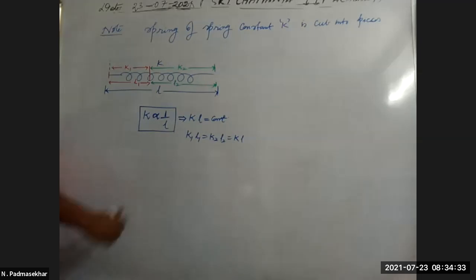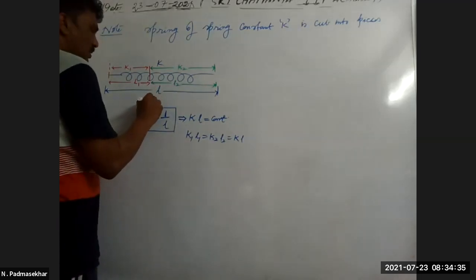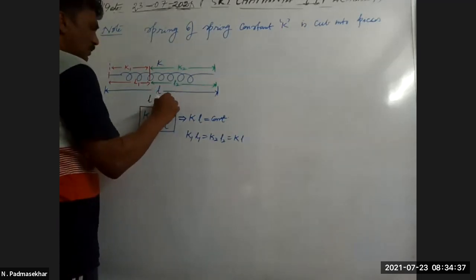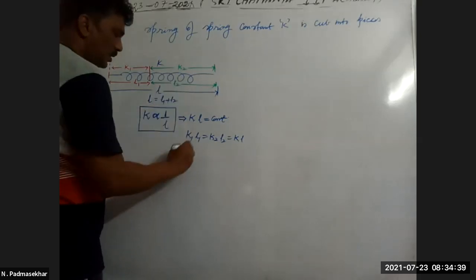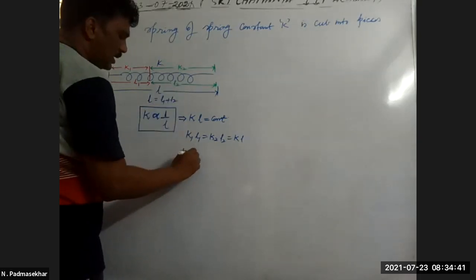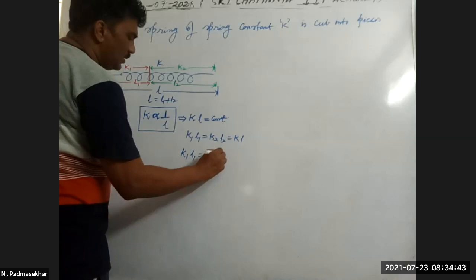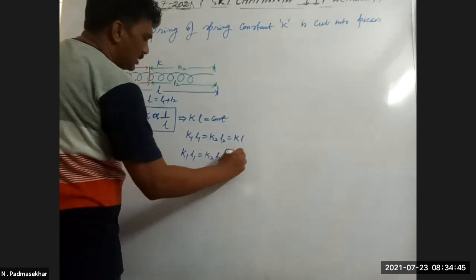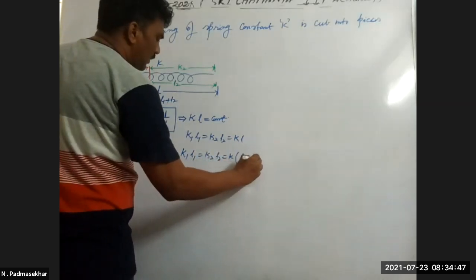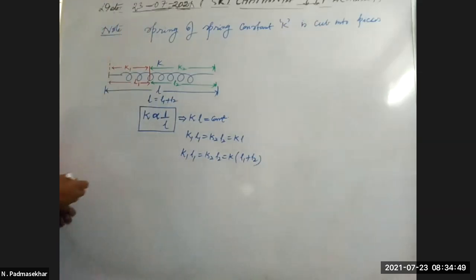Here L is equal to L1 plus L2. So K1 L1 is equal to K2 L2, that is K into (L1 plus L2).